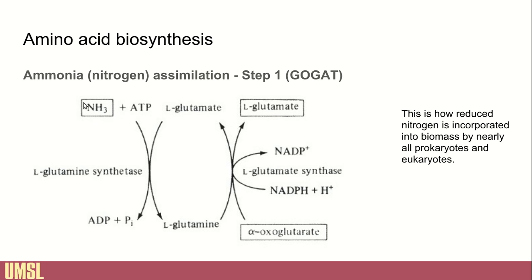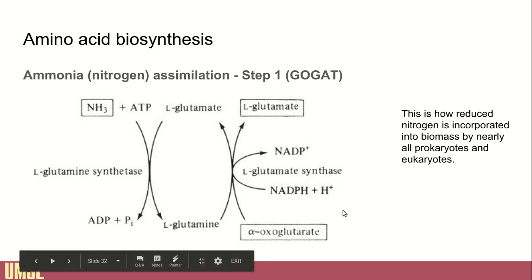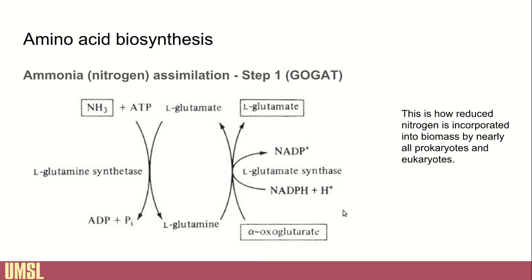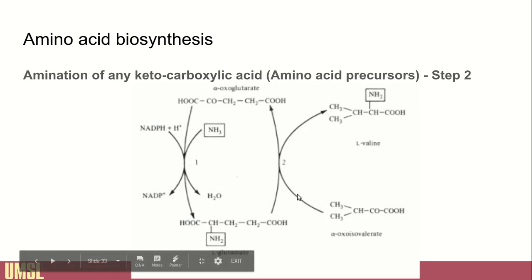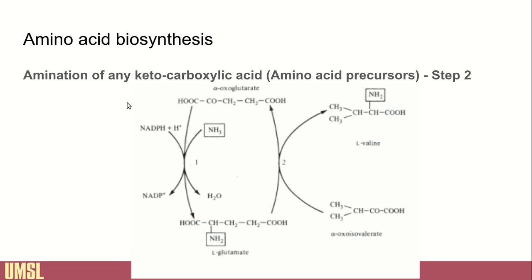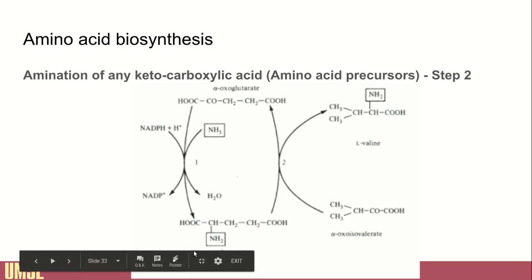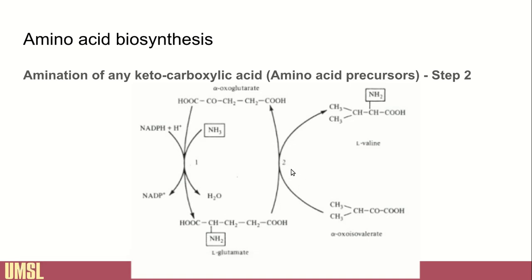So when we bring in nitrogen, if we're just bringing in free nitrogen from the environment or in our diet, this is how this is happening. That it's being put onto amino acids and transferred to other amino acids. So now this is where things become really very, very elegant. Once you have aminated alpha-ketoglutarate via the GOGAT mechanism, now we have glutamate, and there are a number of transaminase enzymes.